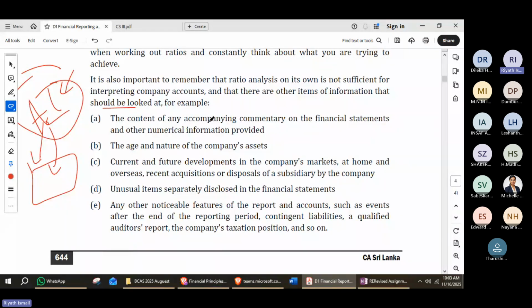The content of any accompanying commentary on the financial statements and other numerical information provided. When you do the analysis, you have to consider the age and the nature of the company. Some are very old companies, like George Steuart, the first company in Sri Lanka.